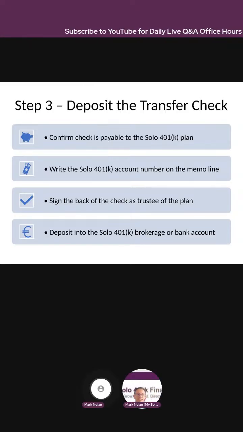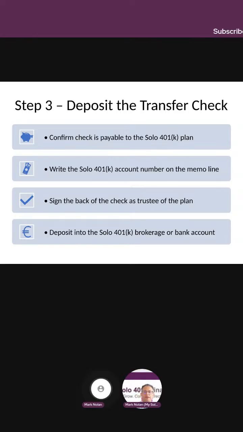You're going to want to write the solo 401k brokerage account number in the memo line of the check, then you need to endorse the check as the trustee. Since you are the trustee of the solo 401k, you sign the back of the check. For example, your name, comma, trustee, and then the name of your solo 401k plan.